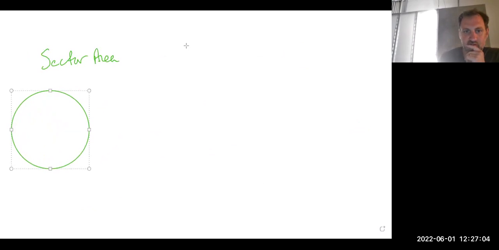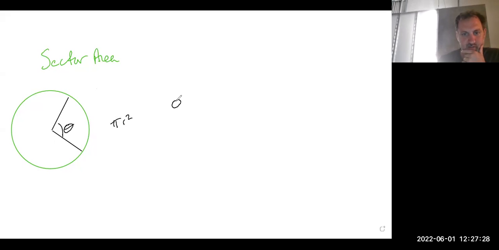We know that the area of the circle is given by the formula pi r squared. If we wanted to find a particular sector that is not the whole thing, we can just say, what's the angle measurement? And we can set up a proportional reasoning problem to figure out what that is.